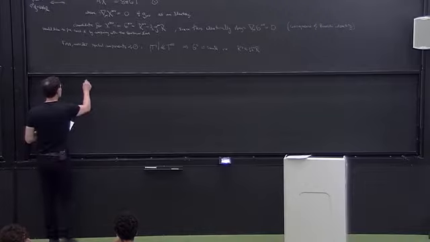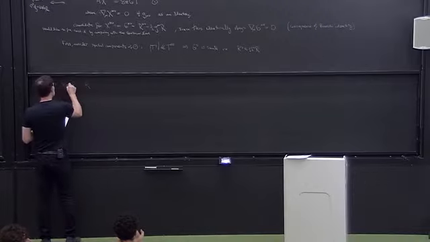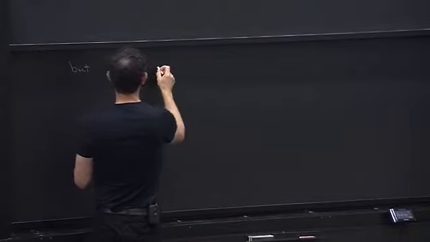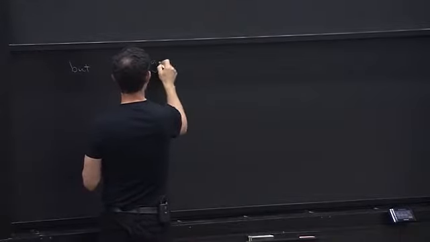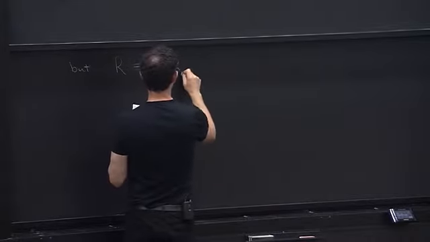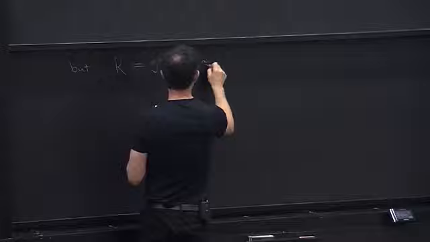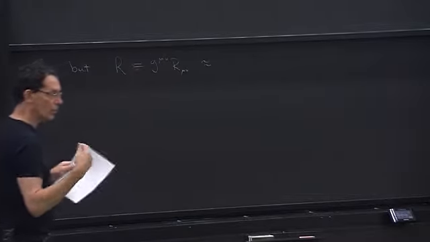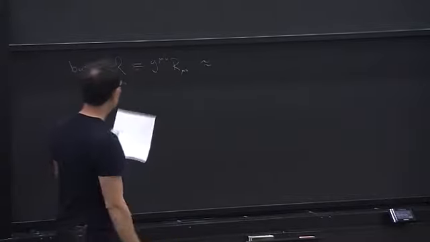Now, the Ricci scalar is approximately equal to, well, of course, it's defined to be g mu nu R mu nu. And that's approximately, because g is approximately eta.